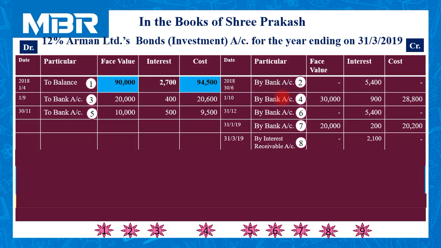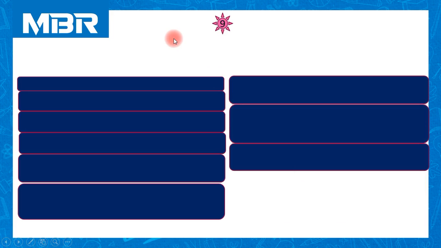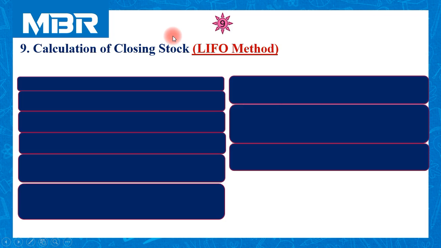With this, the calculation of accrued interest on closing balance comes to an end. Let us enter into the last and most important transaction. It is all about evaluation or calculation of closing stock using the LIFO, last in first out method.